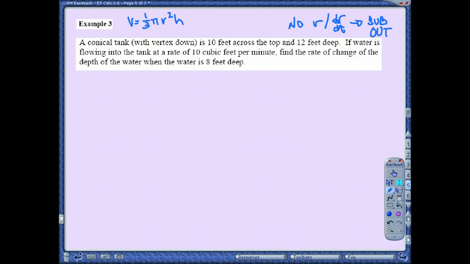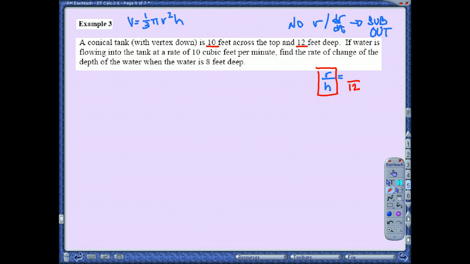We won't be dealing with the r and the h at the same time. Well, when you look at a cone, remember, it is proportional. The radius over the height is going to be the same proportion all the way through that cone. They do give us some information about this. Let me change my color to red. So let's look at this proportion. They do tell us 10 feet across the top and 12 feet deep. Well, 12 does correspond to the height.